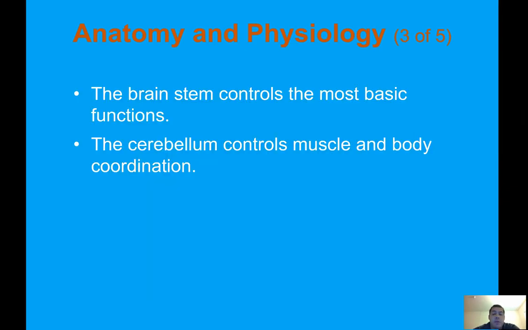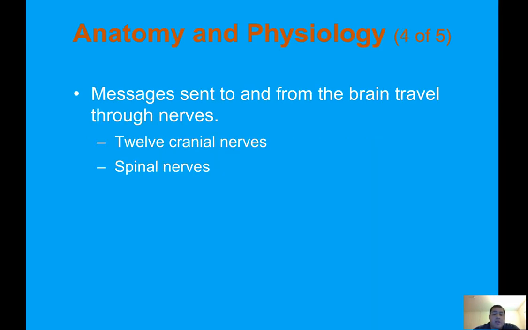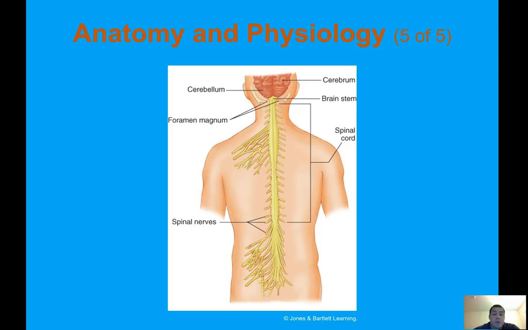The brainstem controls most basic functions. Cerebellum controls muscle and body coordination. Messages sent to and from the brain travel through nerves: 12 cranial nerves, spinal nerves. So another visualization of the brain, and then also the spinal cord.